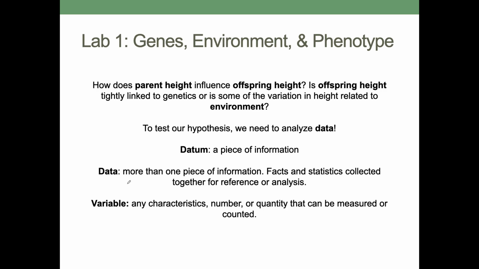A variable is any characteristic, number, or quantity that can be measured or counted. And variables can come in different forms. I will explain in more detail what a variable is in the next lab, because in that lab we'll talk about the analysis of data and the use of some really simple statistics that are implemented in Microsoft Excel.